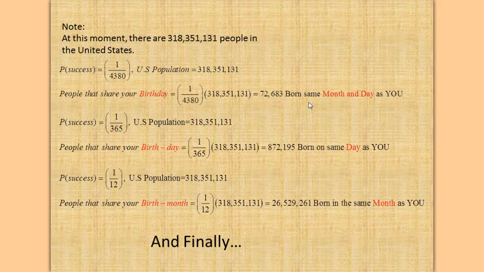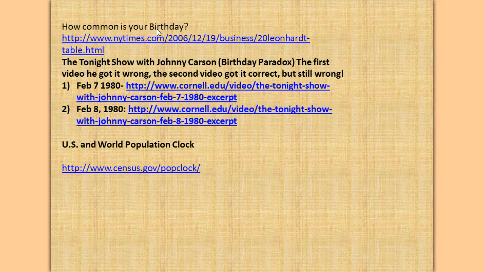And finally, how common is your birthday? Here's a link I found on the internet. And here's a good laugh: The Tonight Show with Johnny Carson, Birthday Paradox. The first video he got it wrong. The second video he got it right, but he was still wrong. The first one was on February 7th, 1980.